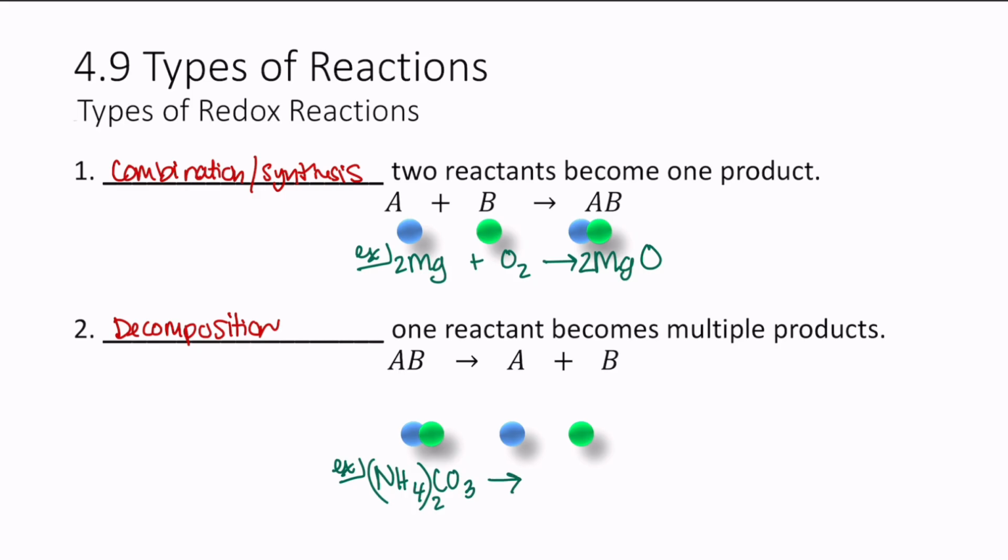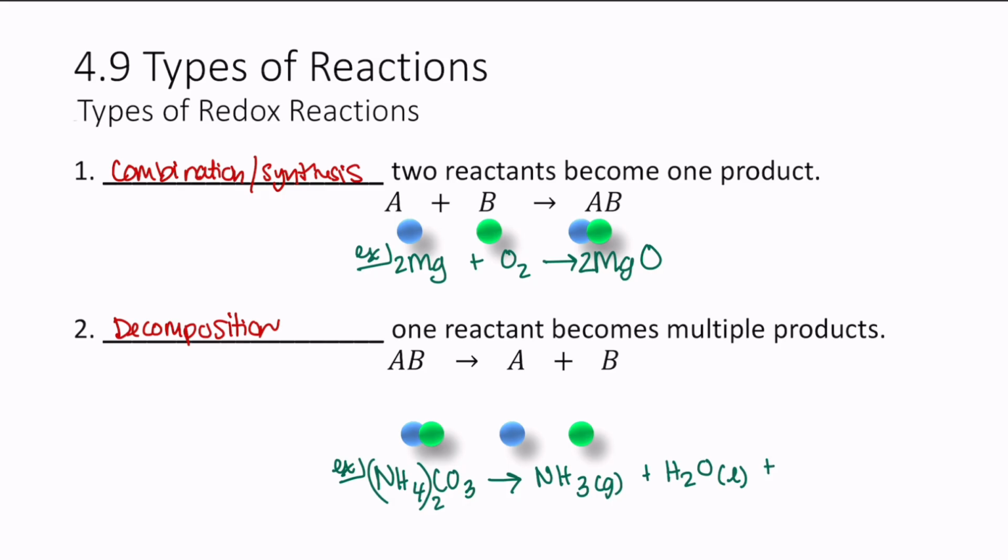And when this decomposes, it's pretty interesting because if you have a container of ammonium carbonate and you open it up, it will just immediately start decomposing. And you will get this very strong smell, which is ammonia gas. And you'll notice that it will start clumping together, and that is because water is formed.